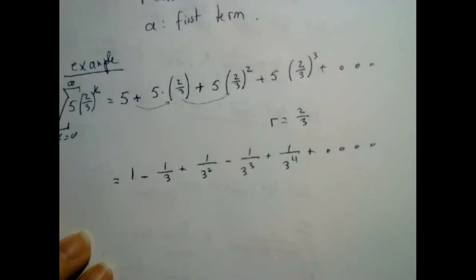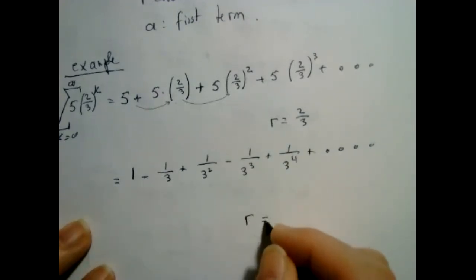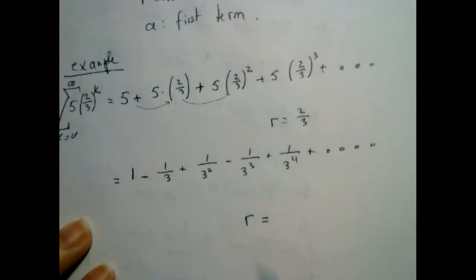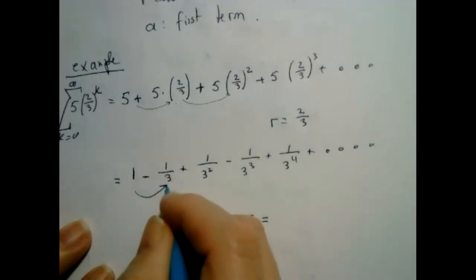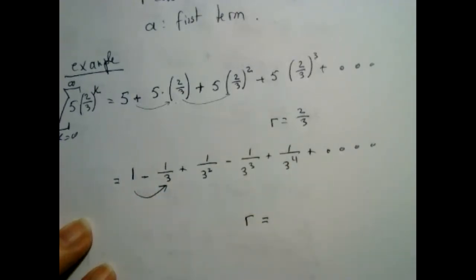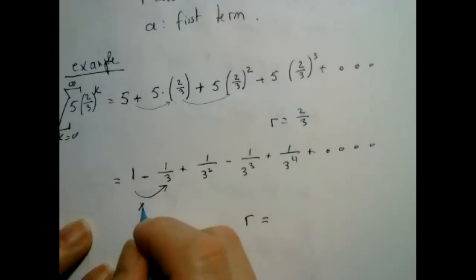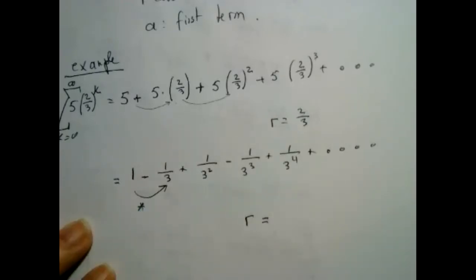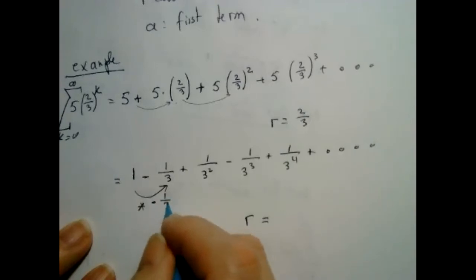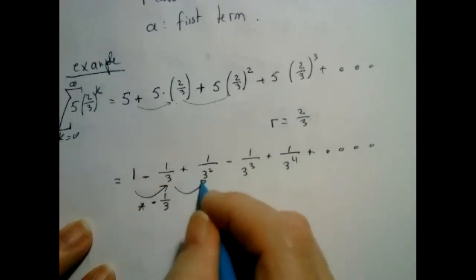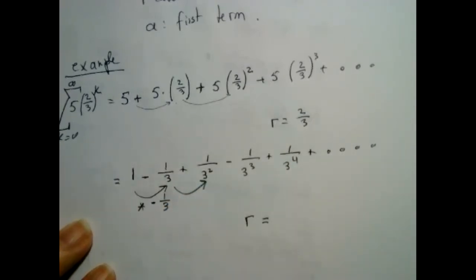Yes. What's the ratio in this case? What are we multiplying by every time, from here to here? -1/3. And from here to here? -1/3 again.